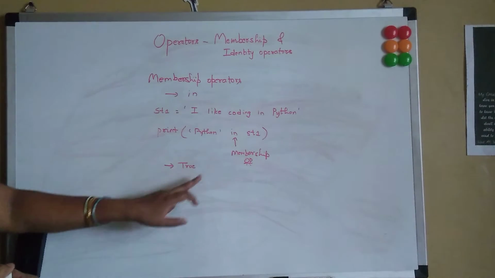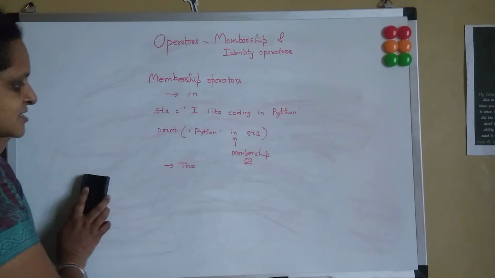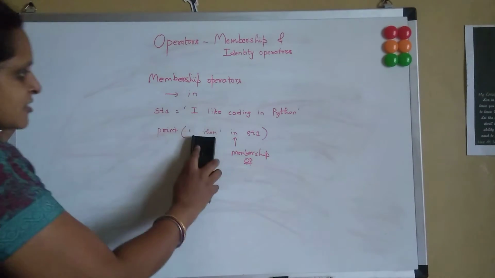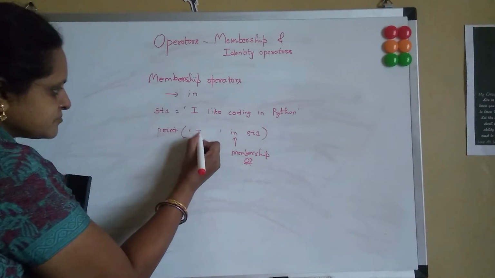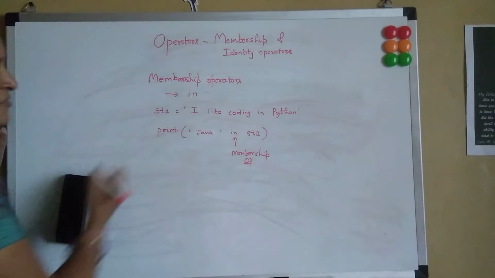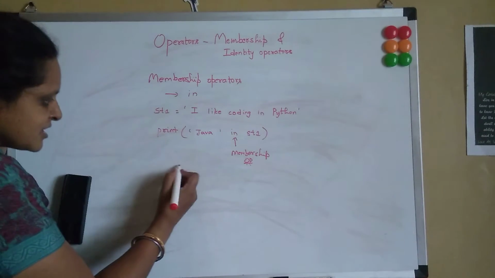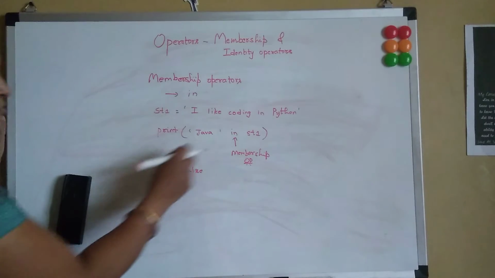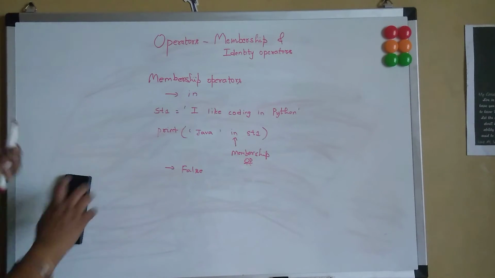Membership operators always return a true or a false. Now let me say "Java" in st1. Since Java is not present in the string st1, it returns the value false. So this is how the in operator works in Python.